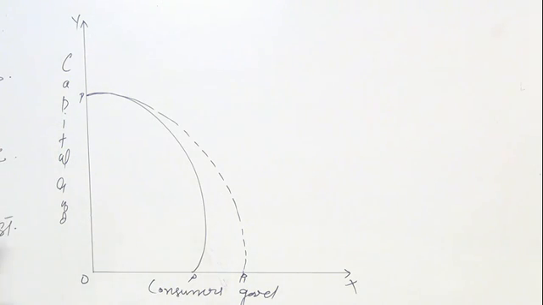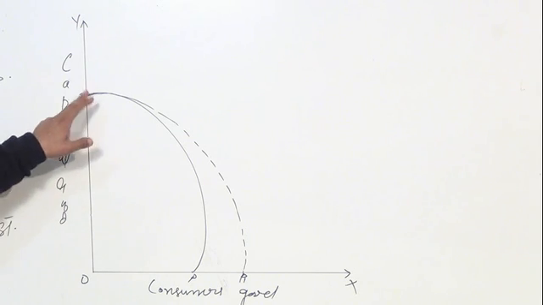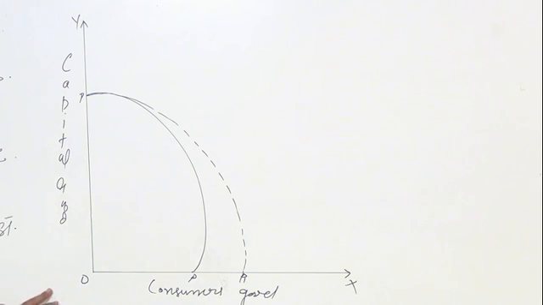Now, what happens in the economy? What technology are we utilizing in the economy? The technique in producing capital goods remains the same. And what happens in the economy? Technique in producing consumer goods increases.